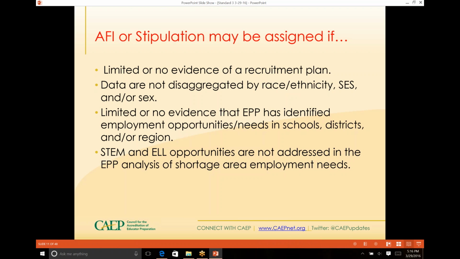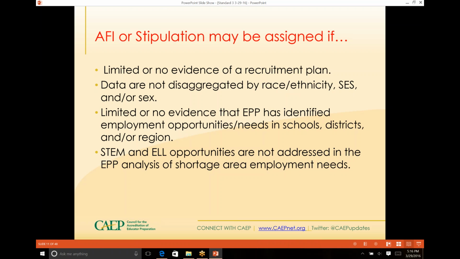If your data aren't disaggregated, your recruitment to application to admission to enrollment isn't disaggregated by race, ethnicity, SES, and/or gender. It does say sex in the accreditation manual.